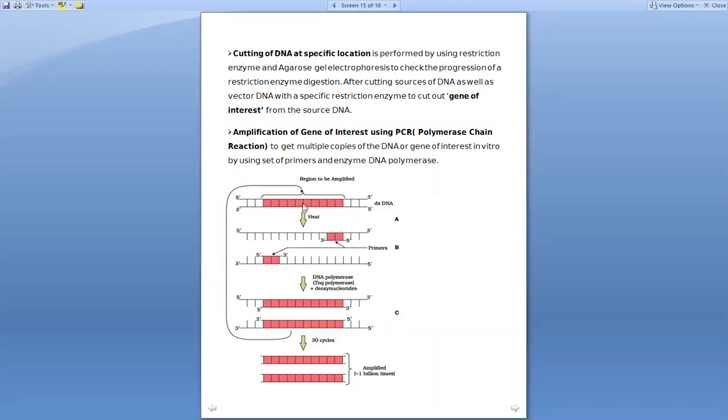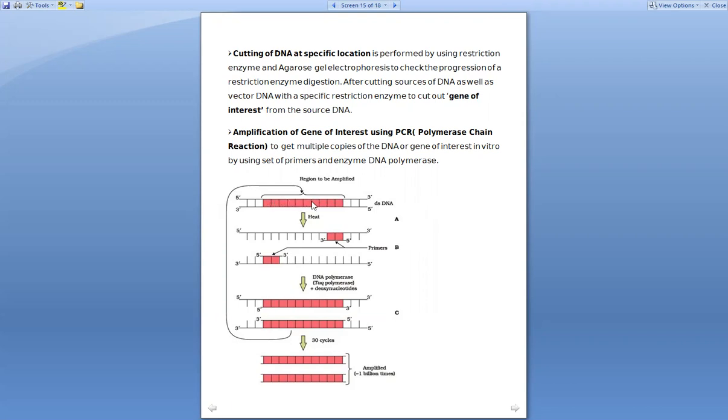This is the parent DNA, which is double stranded DNA. Here I have written dsDNA, that means double stranded DNA. In this pink shade is the gene of interest, that means the region which we need to amplify.